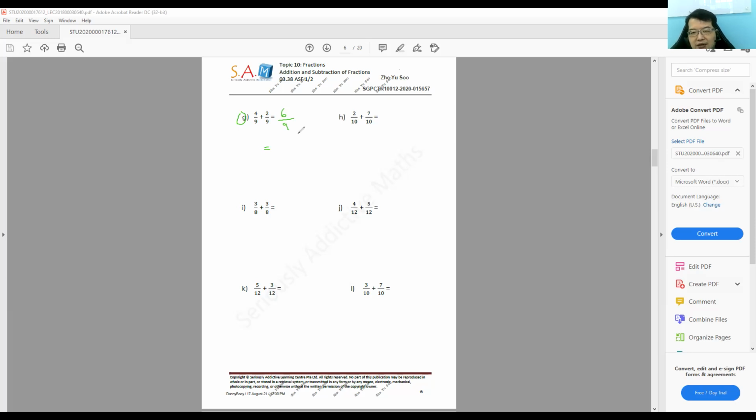In this case, it seems that the common number that we can divide 6 and 9 by is 3. So 6 divided by 3 equals 2, and 9 divided by 3 equals 3. So the answer is 2 out of 3. Easy?